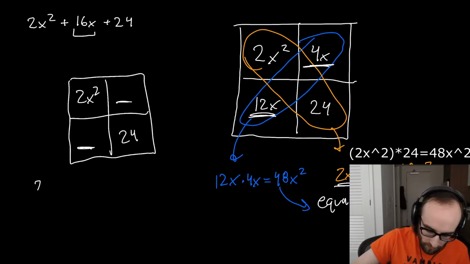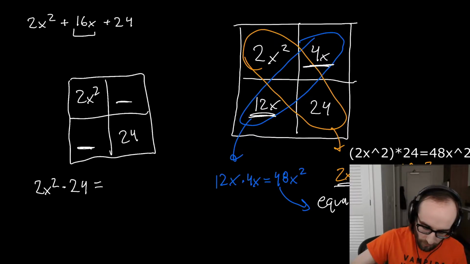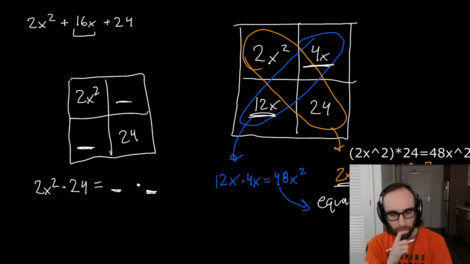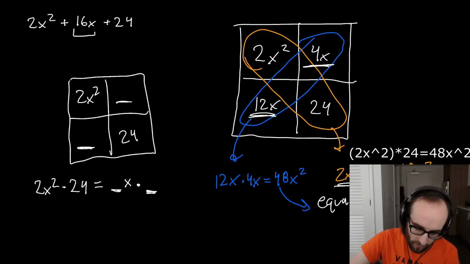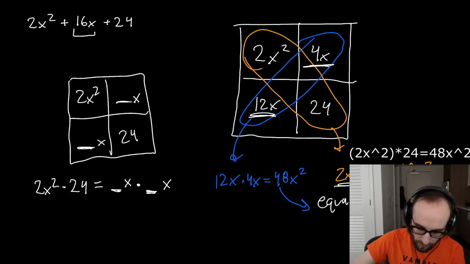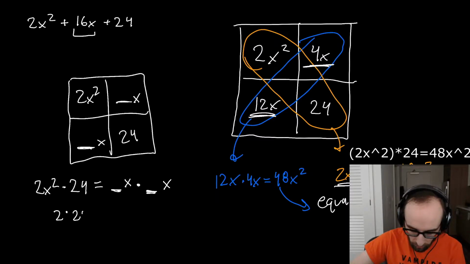In other words, 2x squared times 24 is equal to blank times blank. Now we know there's going to be an x in each of these spots, so we'll end up with an x squared. So let's not worry about the variables for now, and let's just take a look at the coefficients. 2 times 24 is equal to blank times blank.